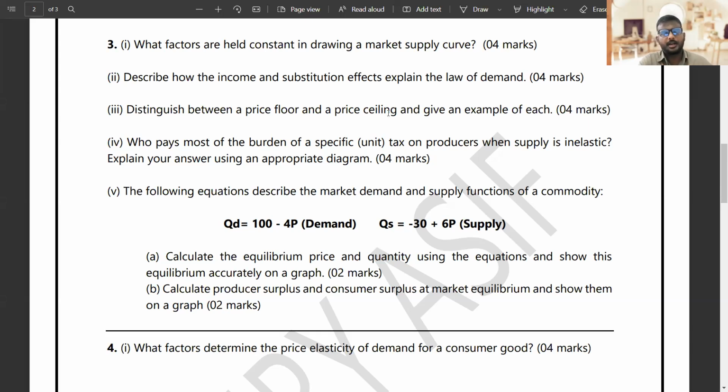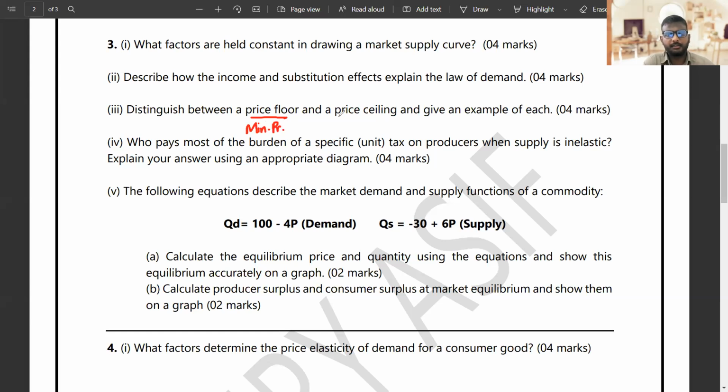First things first, tell me another name we use for price floor. Another name which we use to refer to price floor is minimum price, right?